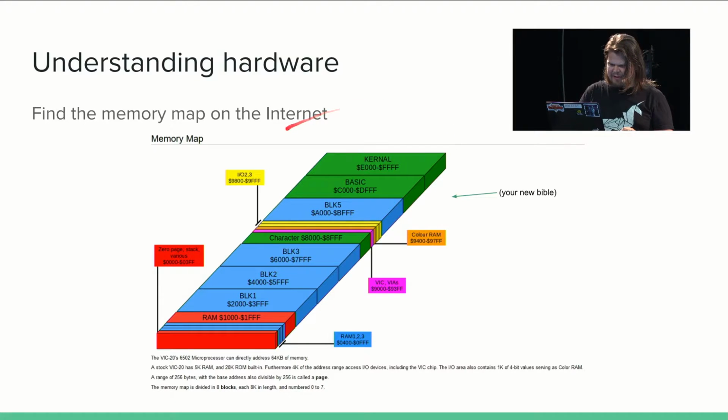So for example, here we have the memory map of the VIC-20, really nicely laid out. You can see in green we have some ROM here. We have the kernel routines, which is like the built-in BIOS of the VIC-20, so we can't really do anything about that. The thing that interests us on the hardware is this pink part, which is the VIC chip and VIA chip. That's where all the display and sound stuff happens.